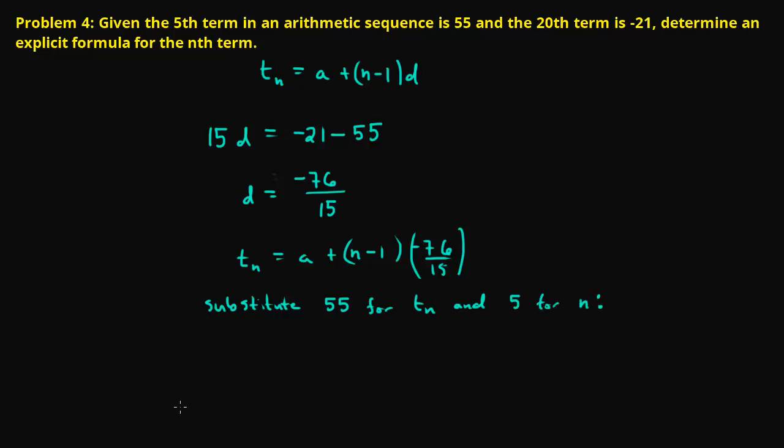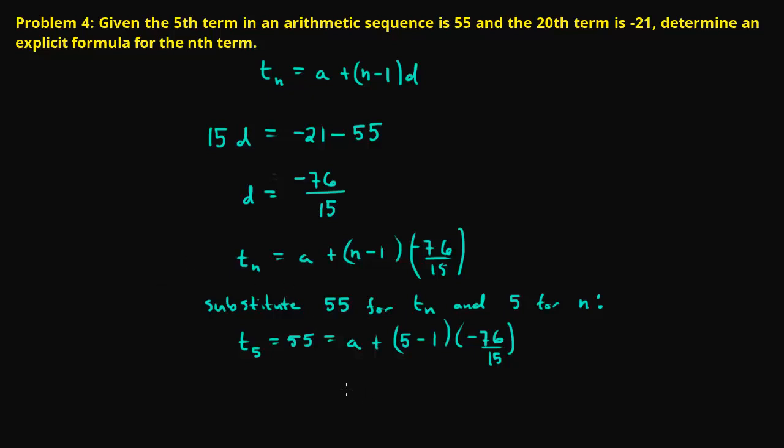We get that t sub 5 is equal to 55, which is equal to a plus 5 minus 1 times negative 76 over 15.